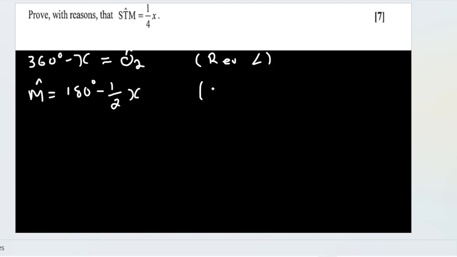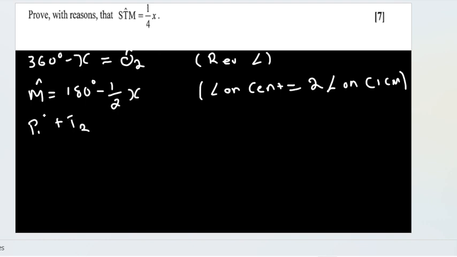Or you can say this is because the angle at the center is equal to 2 times the angle at the circumference. Tell the marker that however, you know that P1 plus T2 are equal to 180 minus M.